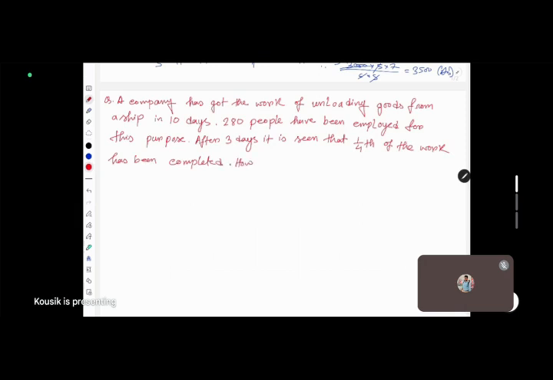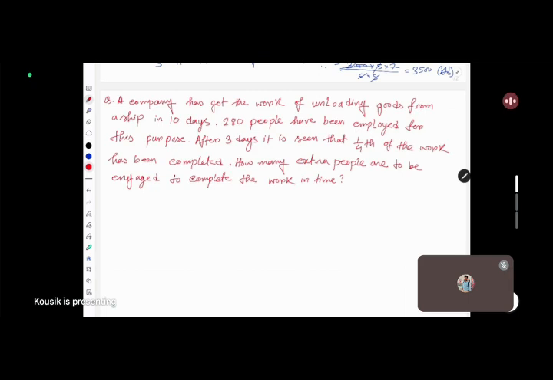How many extra people are to be engaged to complete the work in time?